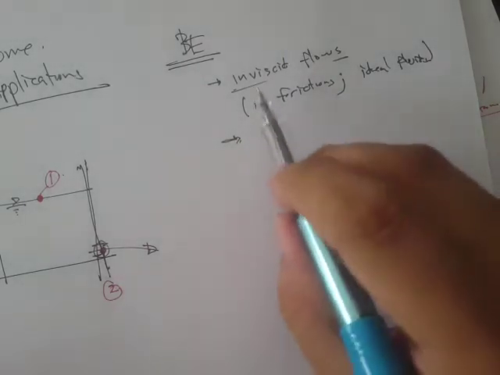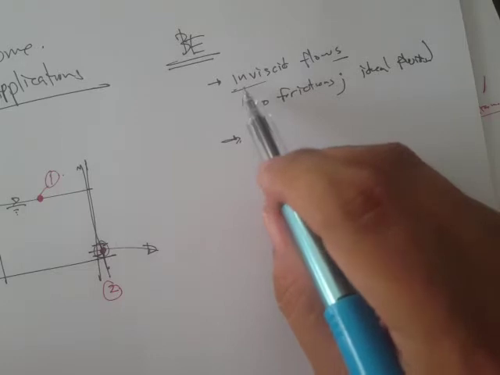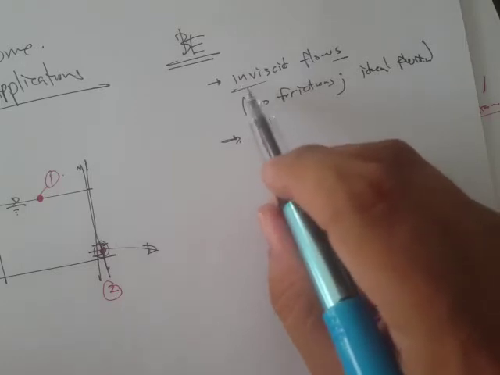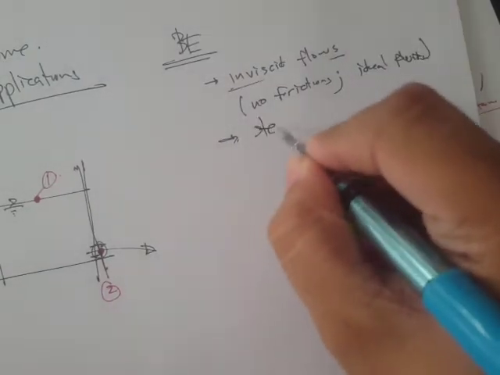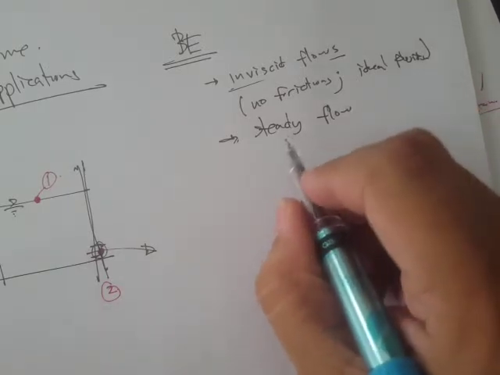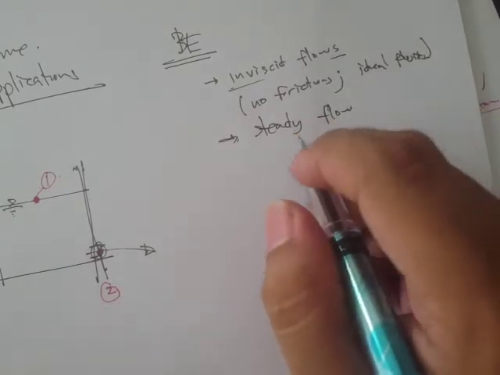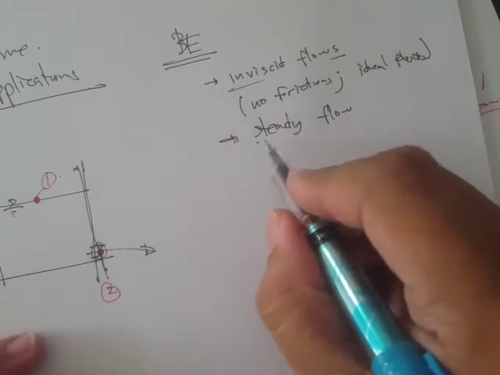Okay, so just remember that Bernoulli's equation is only applicable for inviscid flows. Steady flows, that means that velocity does not change with time, or the properties as a whole do not change with time.